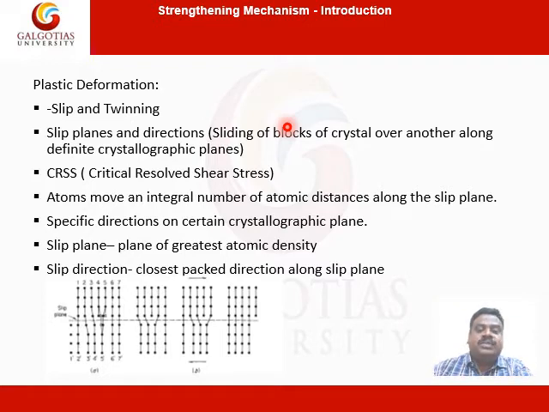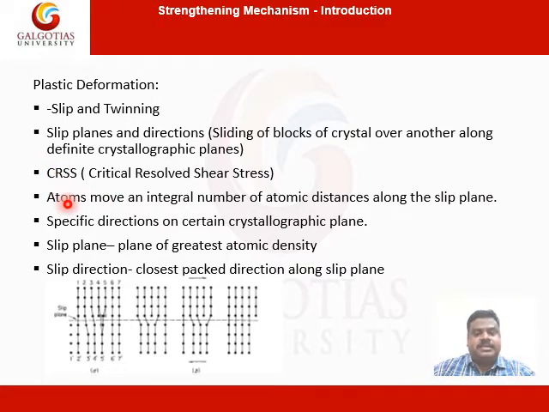In order to move the dislocations along the slip plane in the slip direction, you require a stress which is known as critical resolved shear stress. This critical resolved shear stress is much lesser compared to the theoretical cohesive strength of materials. So in order to cause a slip, we need a minimum stress level, that is CRSS.